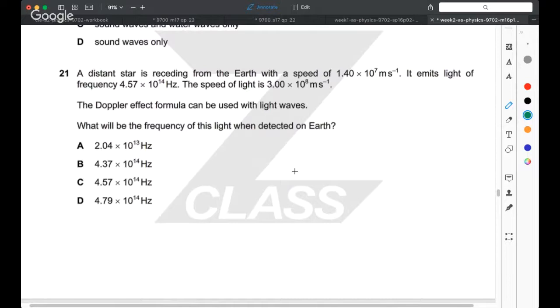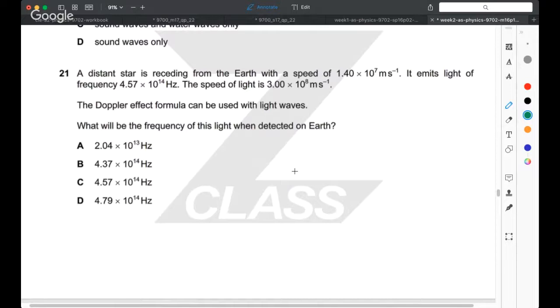Writing down the question, number 21. So what happens with the waves when the object approaches you? When it approaches, the wavelength will decrease the closer it gets.